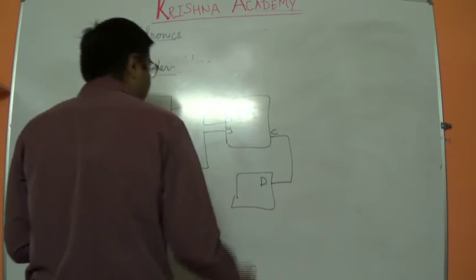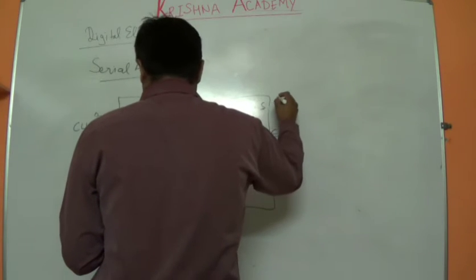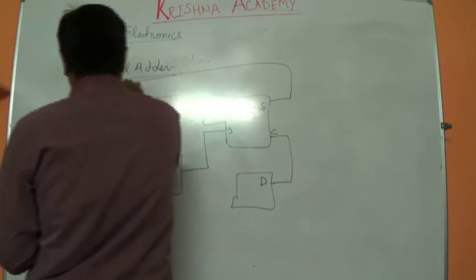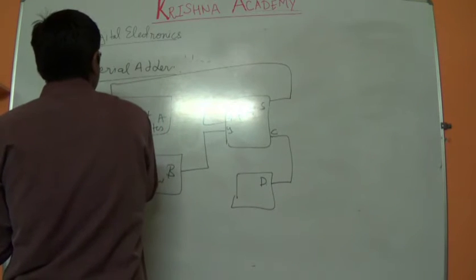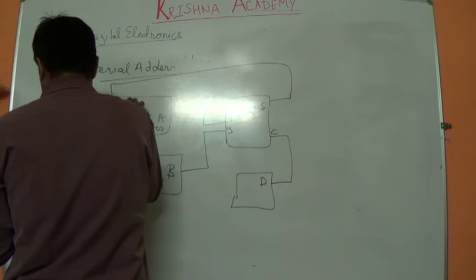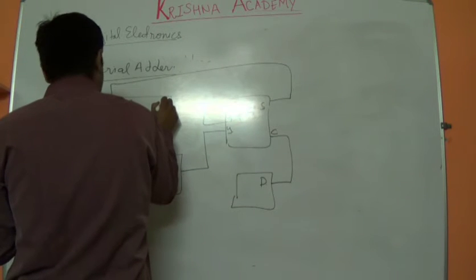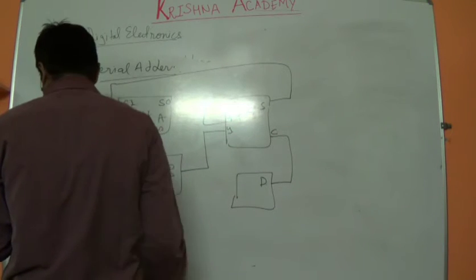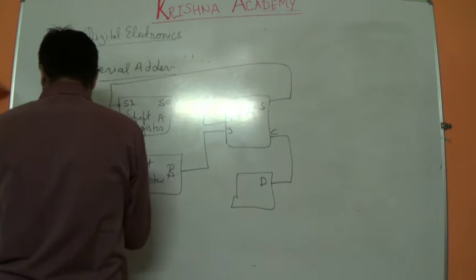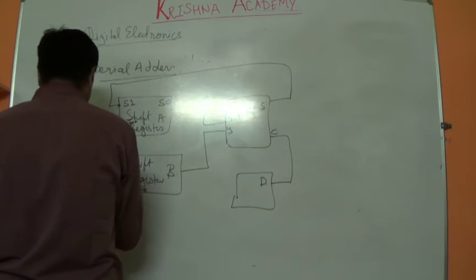Now why we are using this D flip-flop? This is called SI and this is called SO, serial input and serial output.